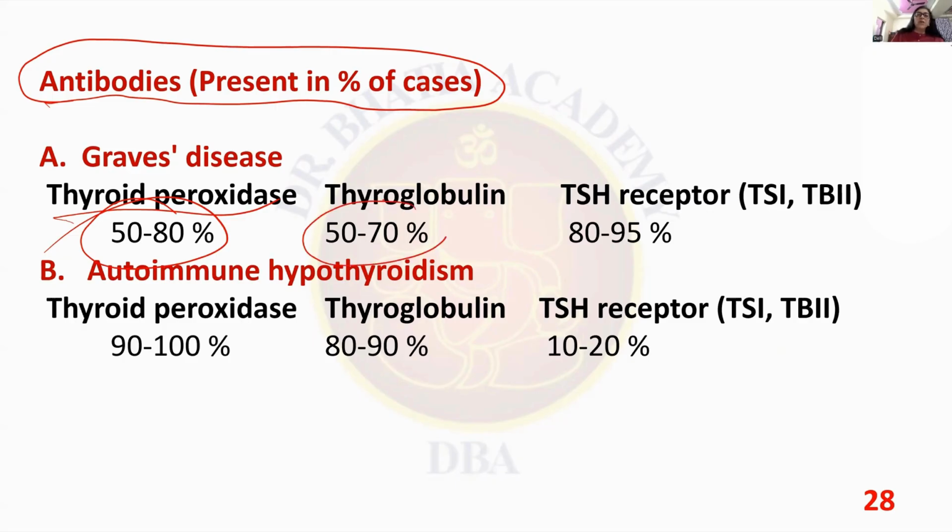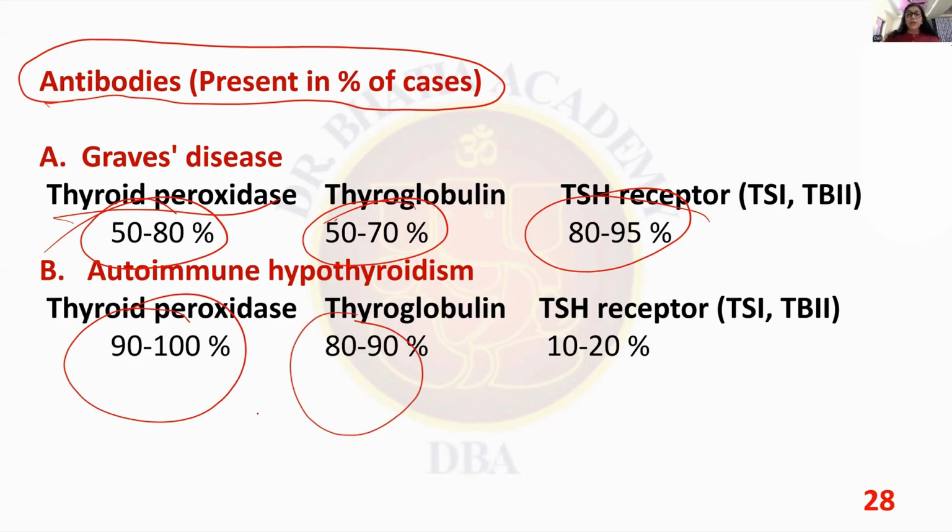Thyroglobulin antibodies are present almost in 50 to 70%, and the TSH receptor antibodies are present in 80 to 95% patients. In case of hypothyroidism, again, TPO antibodies are seen in 90 to 100%. Thyroglobulin antibodies are present in 90%. And again, the TSH receptor antibodies can be seen in some 10 to 20% population.